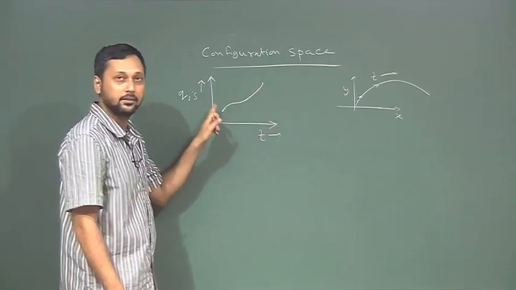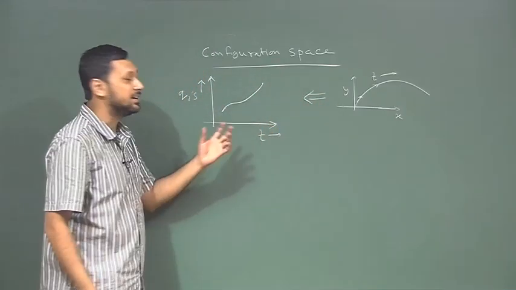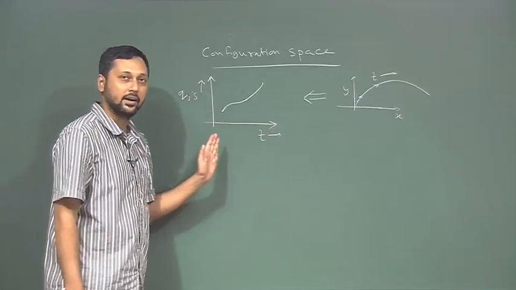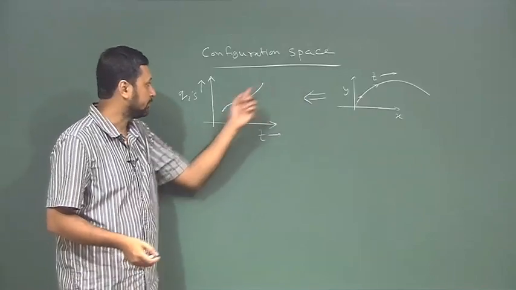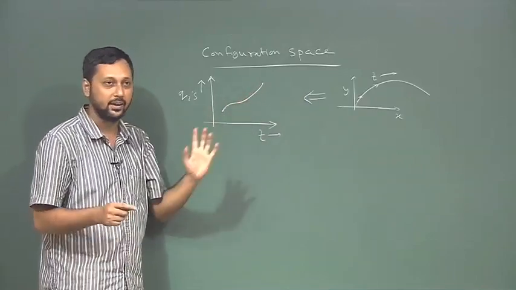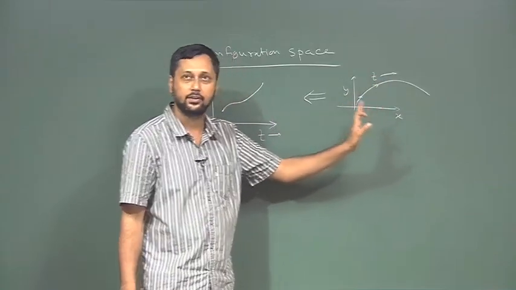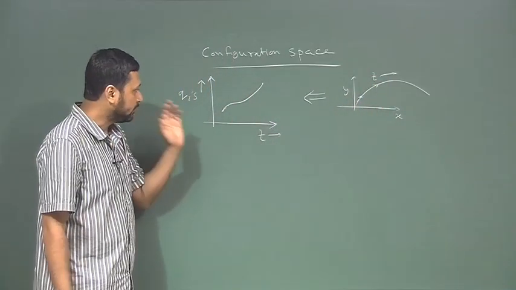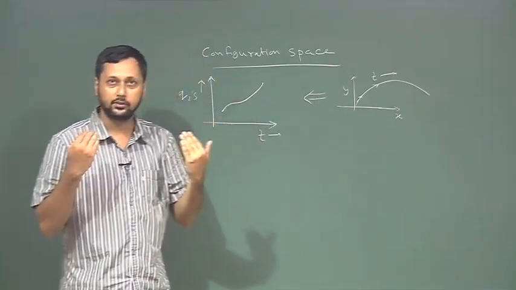I do not know if I can give you a one-to-one description of this picture and this picture, because it is very difficult to plot a variation of x and y together into one axis. I just took a general example. We are familiar with trajectories where the coordinates are changing as a function of time, and we draw both x and y coordinates, which is easy for visualization.